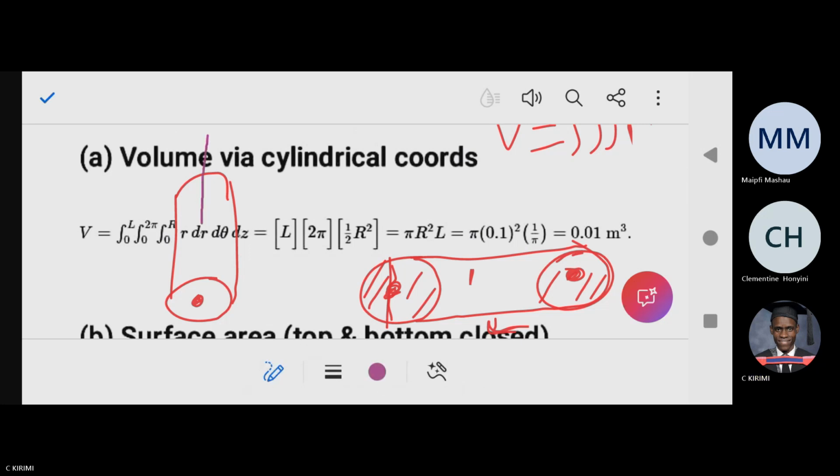Then the theta, ranging from what to what? Remember, theta is the one that checks the rotation. For how many degrees are you rotating?